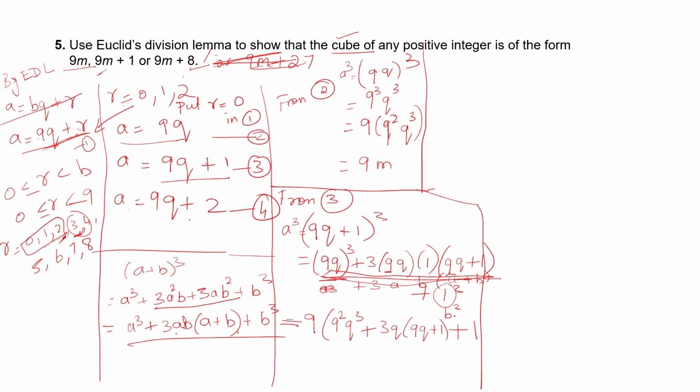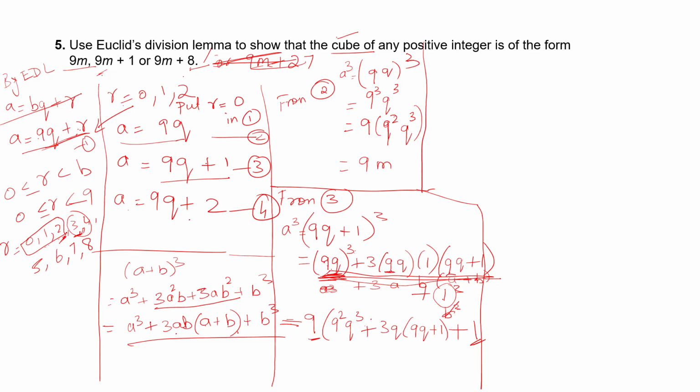Please listen carefully. Last, a cube, b cube is 1 cube, 1. This I have kept here. From the remaining 2 terms, I have taken 9 outside because that is required in our question. So one 9 I have taken outside from this term. What is remaining? 9 cube was there and 9 I have taken. 9 square q cube.